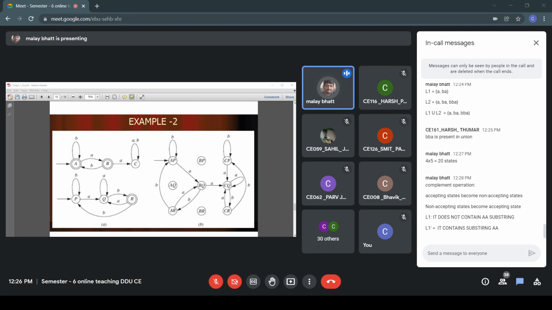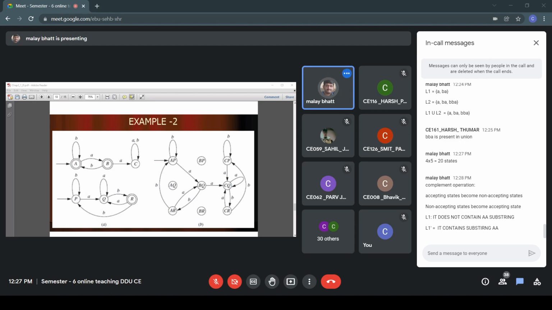So you can see the complement: you will convert A into a non-accepting state, you will convert B into a non-accepting state, and you will convert C into an accepting state. So it contains the substring AA. If the substring is present, it is accepted by the complement operation.